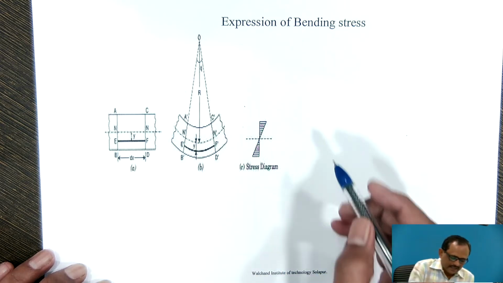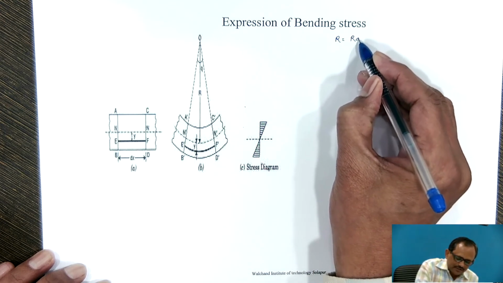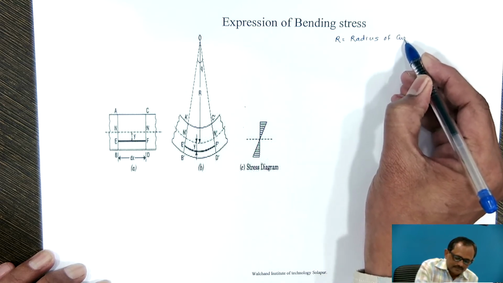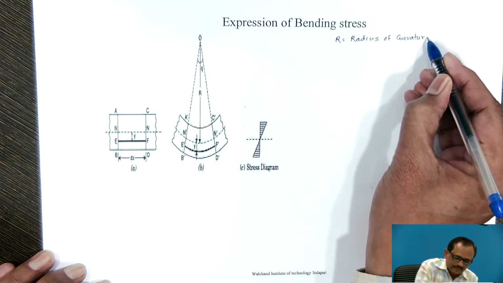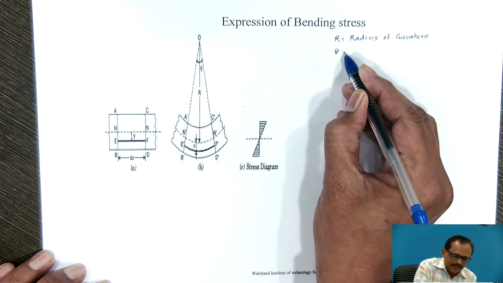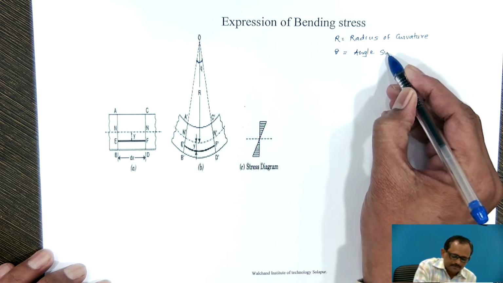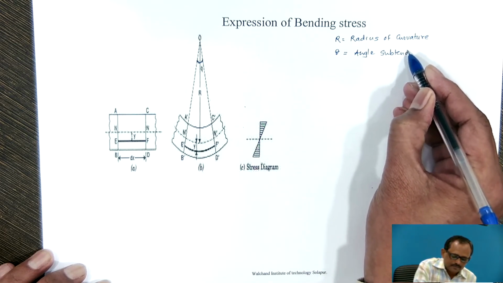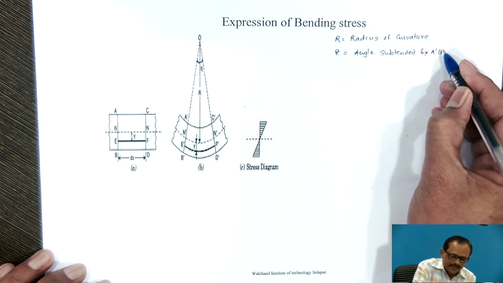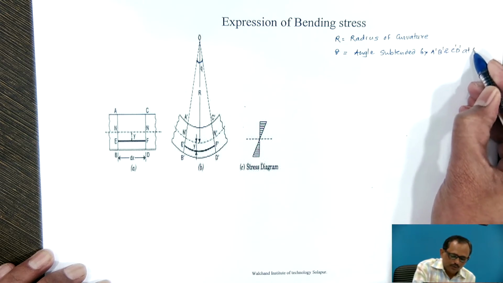For that, R is the radius of curvature, and theta is the angle subtended at the center by A'B' and C'D' at O.